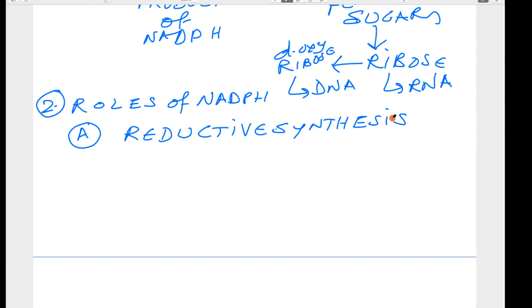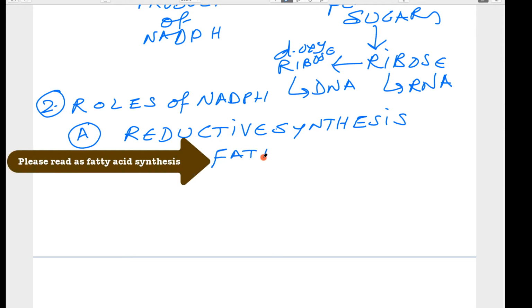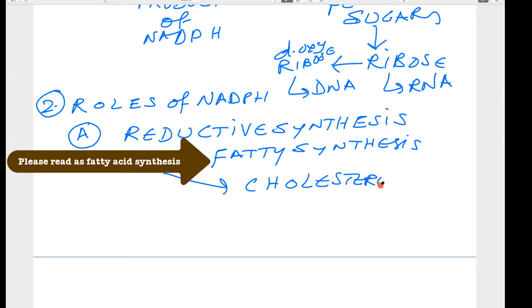What are these reductive synthesis processes? For example, fatty acid synthesis, where NADPH is used. Then the other one is cholesterol synthesis, where a large amount of NADPH is required.